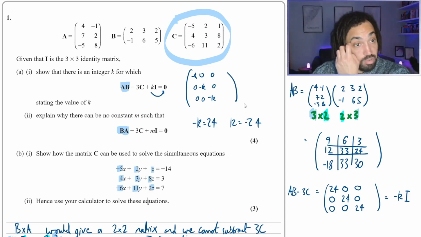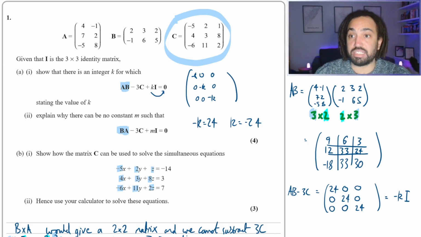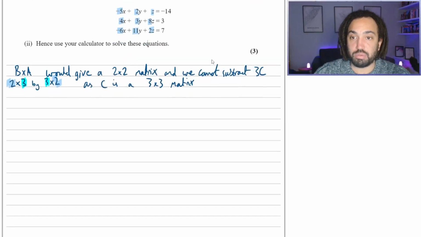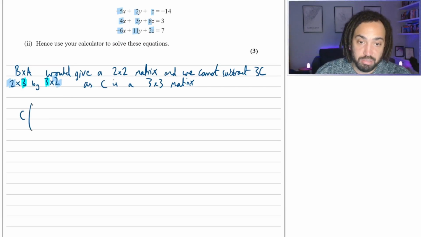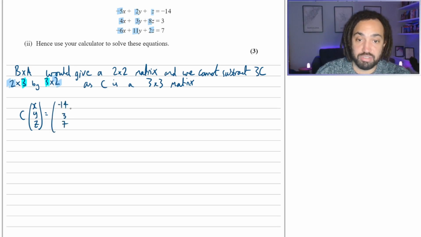So that means I can rewrite this simultaneous equation as the matrix C multiplied by x, y, z is equal to the numbers on the right hand side. So I can say C multiplied by x, y, z is equal to minus 14, 3 and 7.